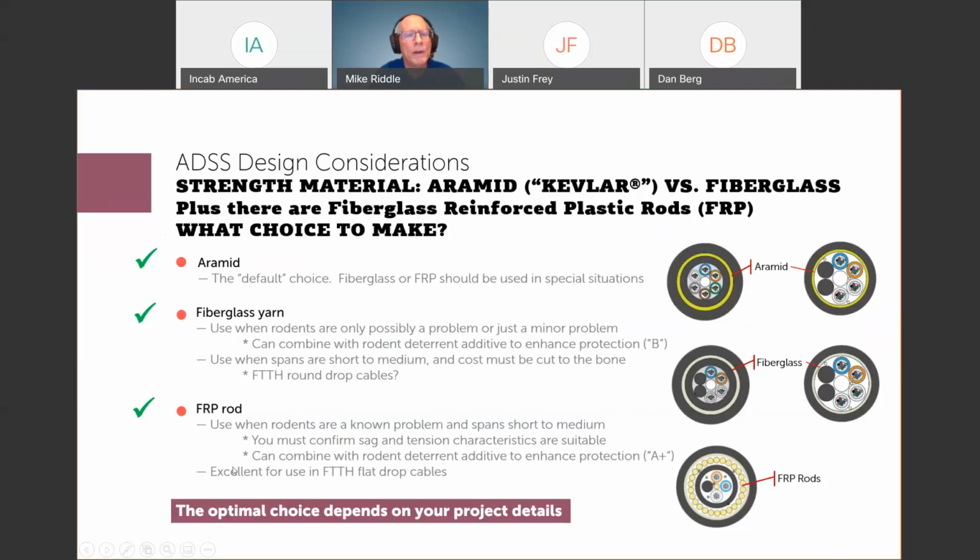And FRP rod does have another use, and it's excellent if you're trying to make flat drop cables for a fiber to the home type project. So most of the time, stick with aramid, but again, if you have a special situation, talk to us and we'll help you decide if maybe fiberglass or FRP rod might be appropriate for what you're trying to do.